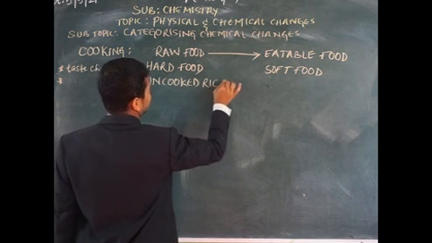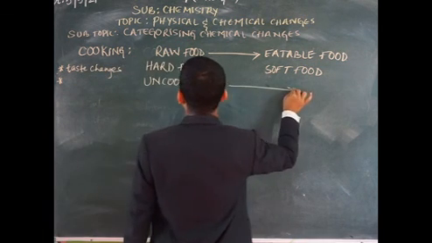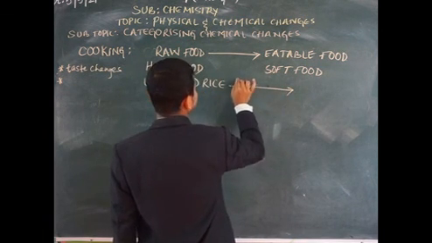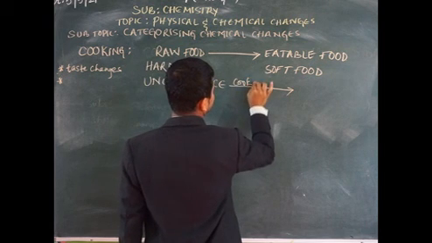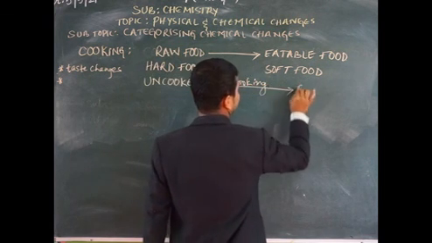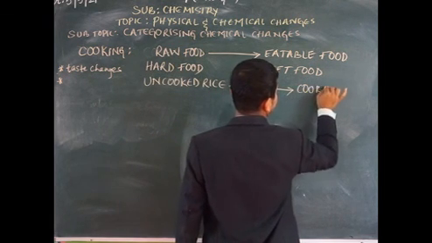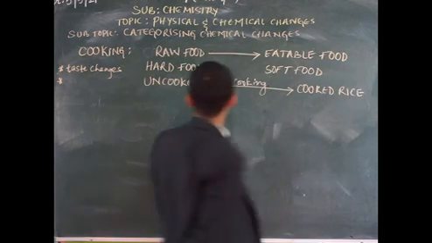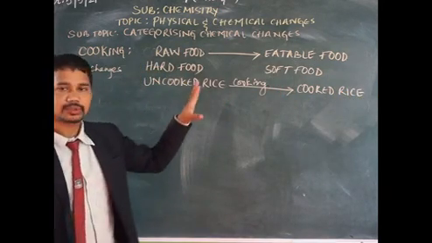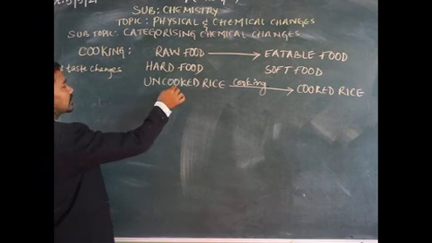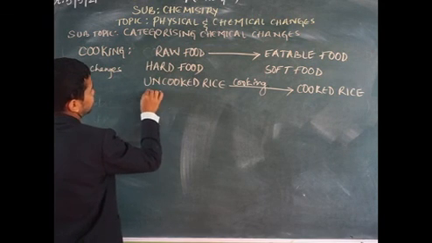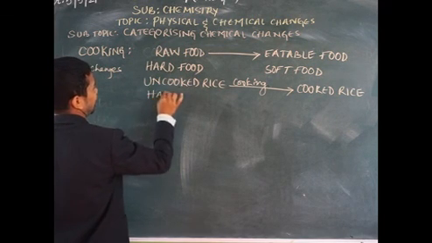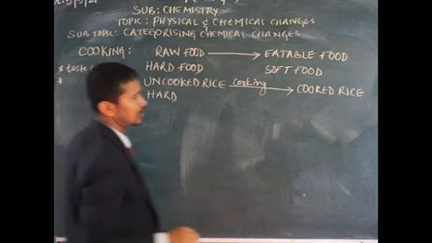rice. Uncooked rice, cooking gives cooked rice. Uncooked rice is hard to eat, and cooked rice is soft.